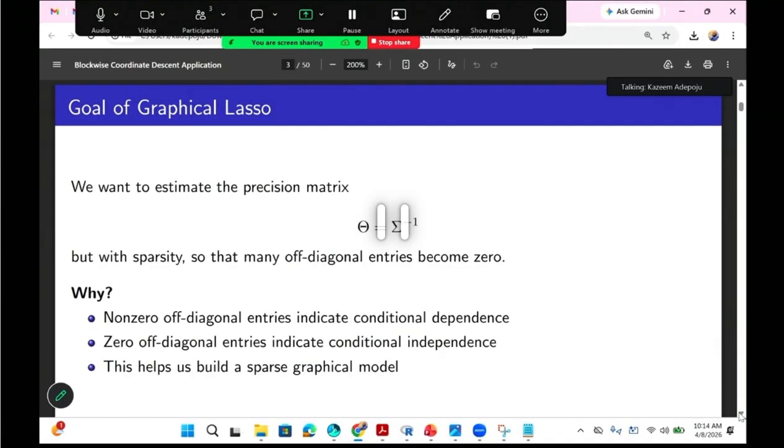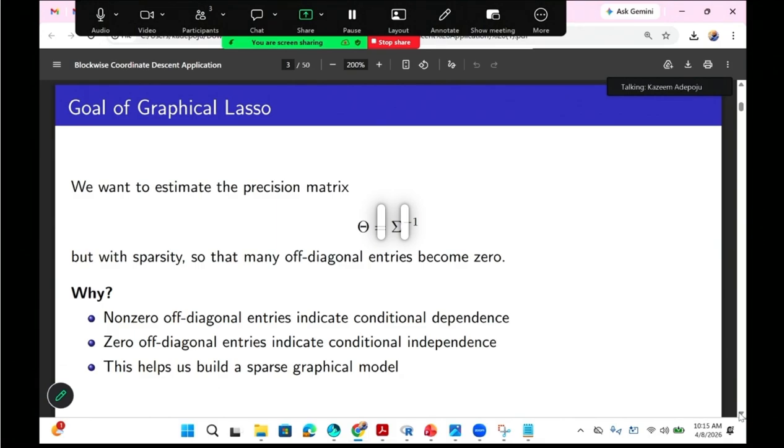In a situation where there is perfect multicollinearity among the variables, we expect the determinant of the covariance to be zero, that is, singular. When it becomes singular, the inverse doesn't exist, and then it means you may not be able to get the precision matrix.